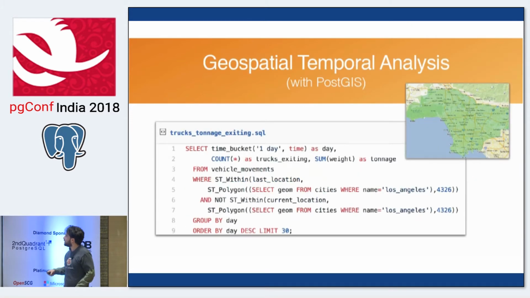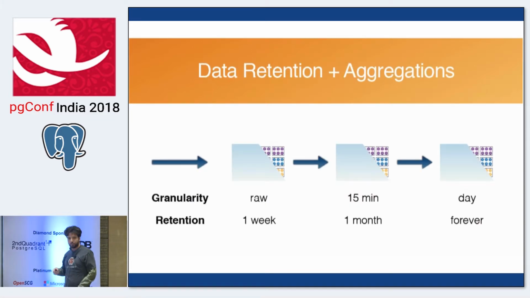So there's a whole bunch of these things that we've added that you can see in our docs that make the analysis easier. Another thing that you can do is data retention and aggregation.